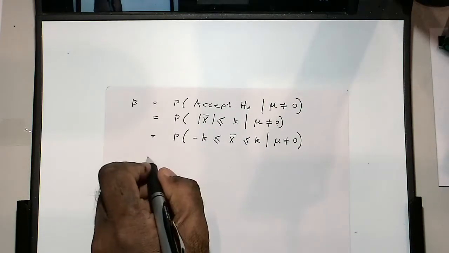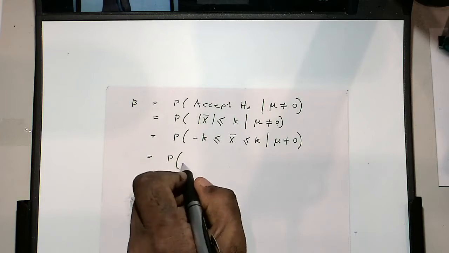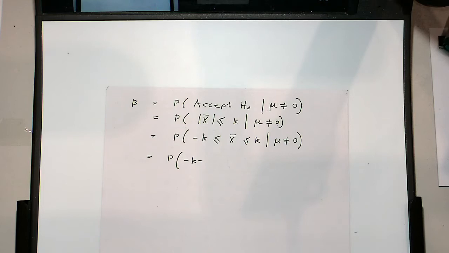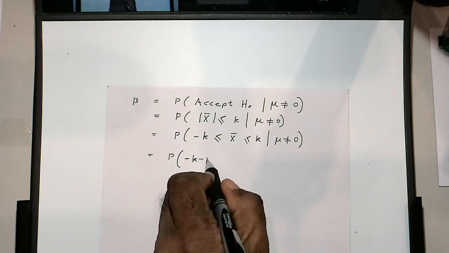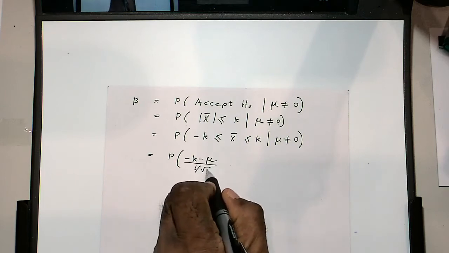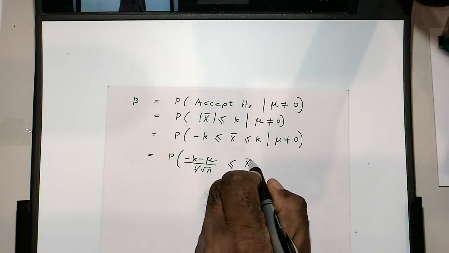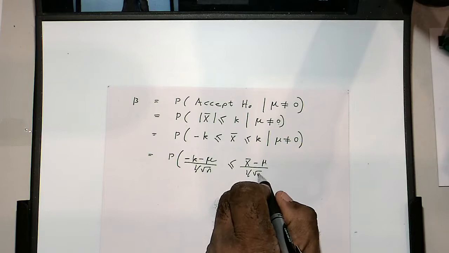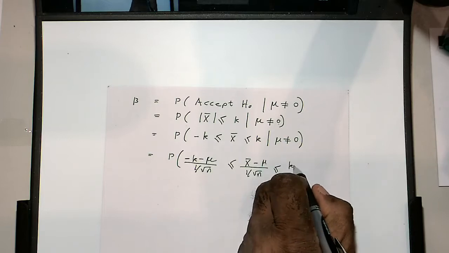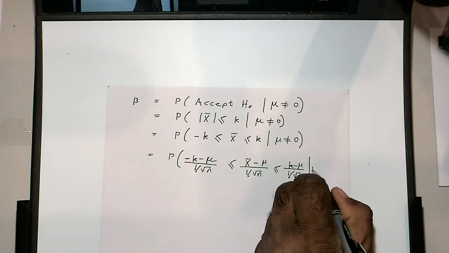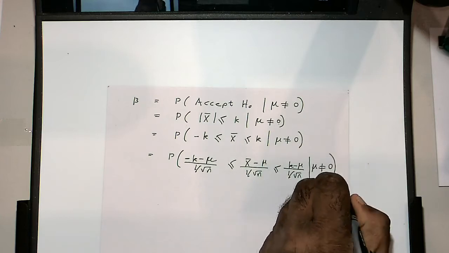Okay, the next thing I'm going to do is standardize things. In this case, the population mean is not 0, it is a constant which is not equal to 0. So what you need to do is subtract mu, and then divide by sigma over root n.